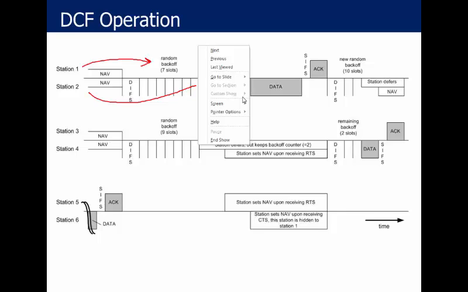Because I don't receive the CTS from any of you, I don't send it to you. So you broadcast RTS, and the others sense it. All broadcast, because that is wireless.